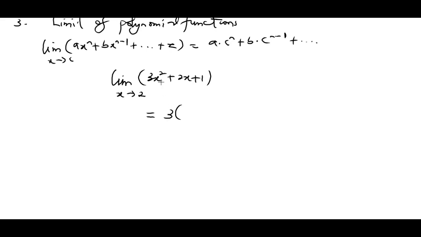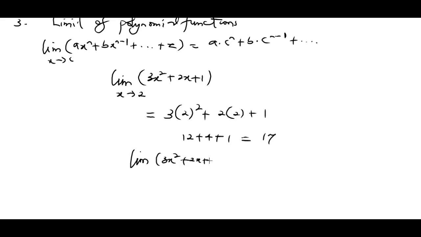So that anywhere you see x, you put what? 2. So this will be 3 times 2 squared plus 2 into 2, then plus 1. 2 squared is 4. 3 times 4, that is 12 plus 4 plus 1. 12 plus 4 is 16. 16 plus 1 is 17. Therefore, the limit of 3x squared plus 2x plus 1 as x tends to 2 equals to 17.